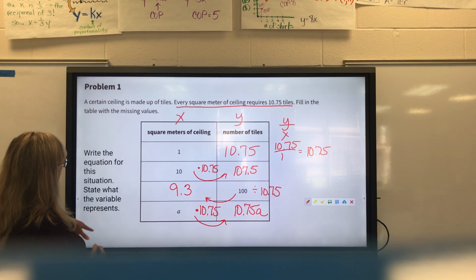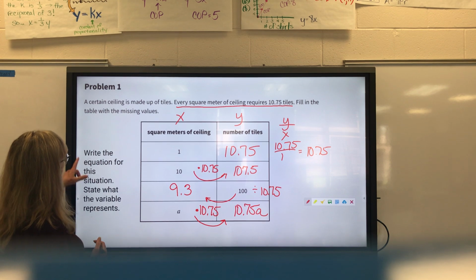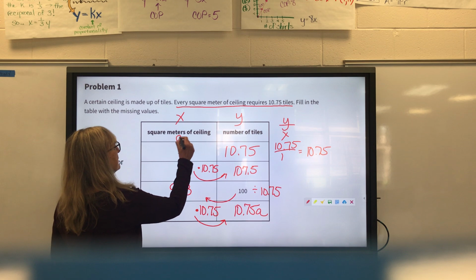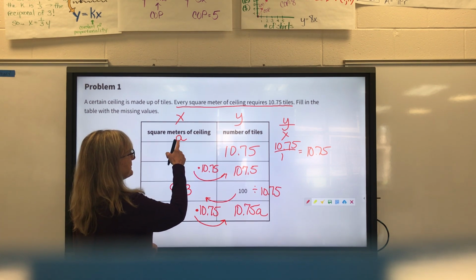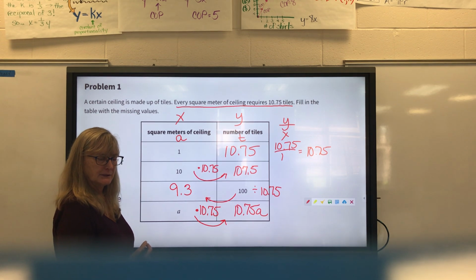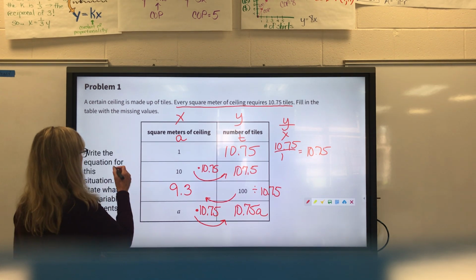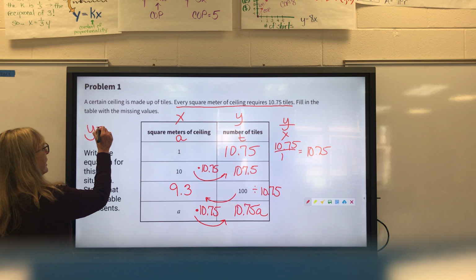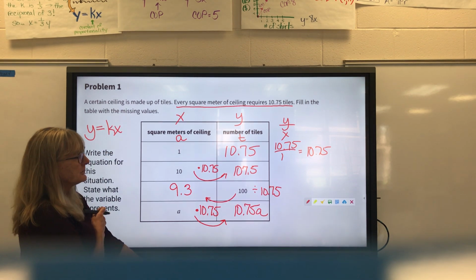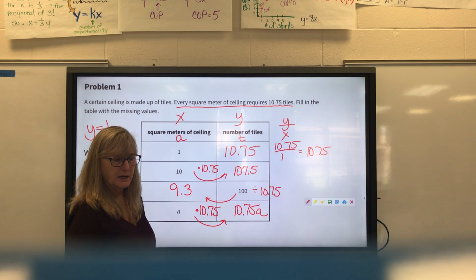All right, I added something to this problem. I want you to write an equation for this situation where A, square meters of ceiling, is A and T is tiles. So how would we write the equation? The equation is in the form of y equals kx. Okay, so what is y in our table?